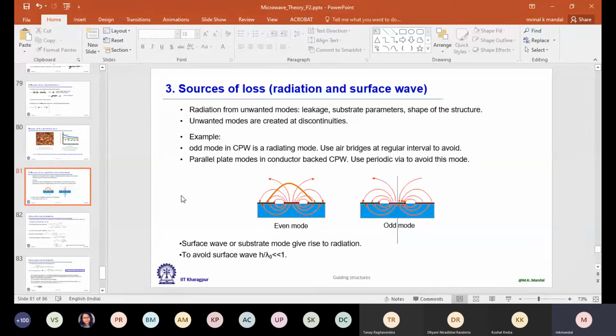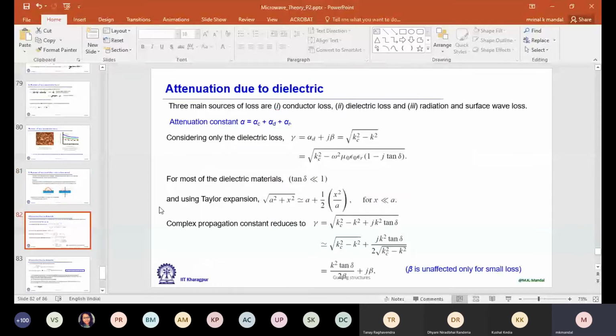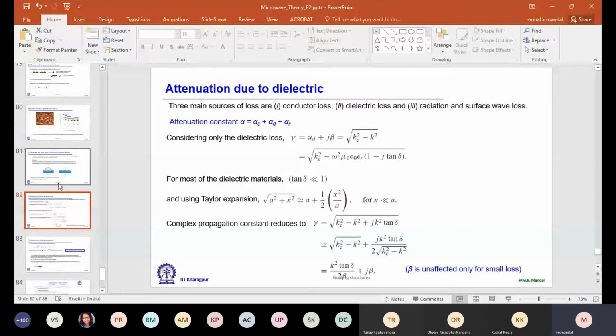So you have already learned how to find out different components of loss using a full wave simulator. So next part, in general, attenuation: if we consider the attenuation constant alpha, then we should have three components.